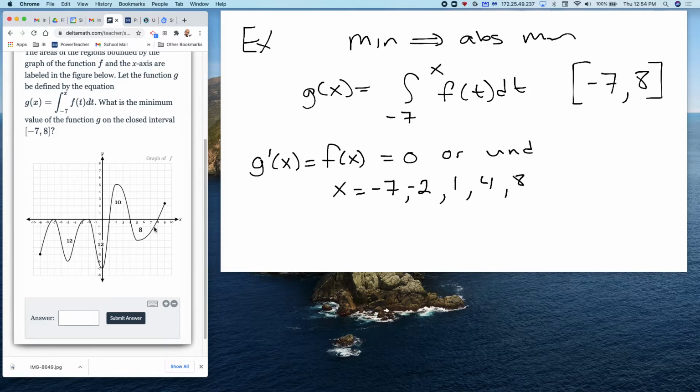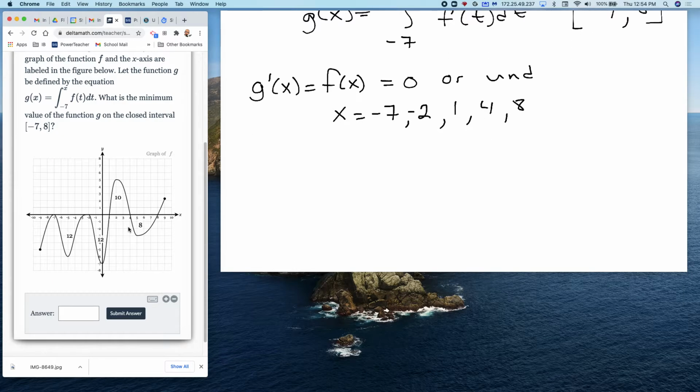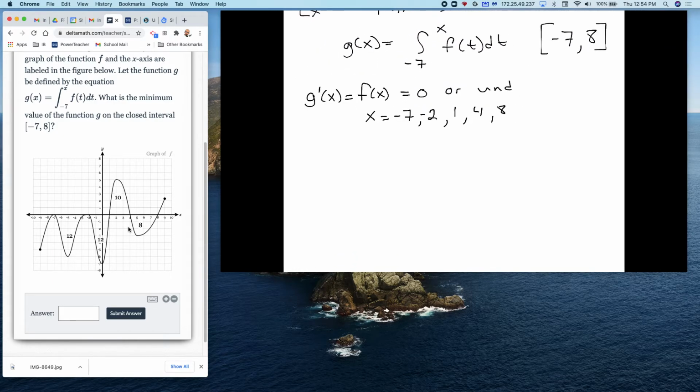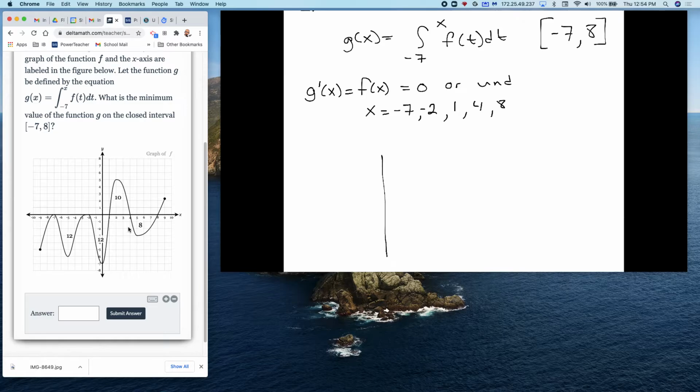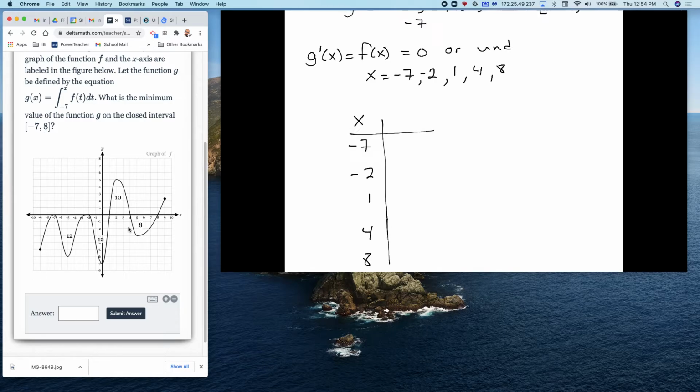Now, what we're going to do is they give us the regions. They tell us this region has an area of 12, this region is 12, this region is 10, and this region is 8. Well, what we're going to do is make a table of values with this information. Our table of values is going to have x here: -7, -2, 1, 4, and 8. All the critical values and the 2 endpoints.